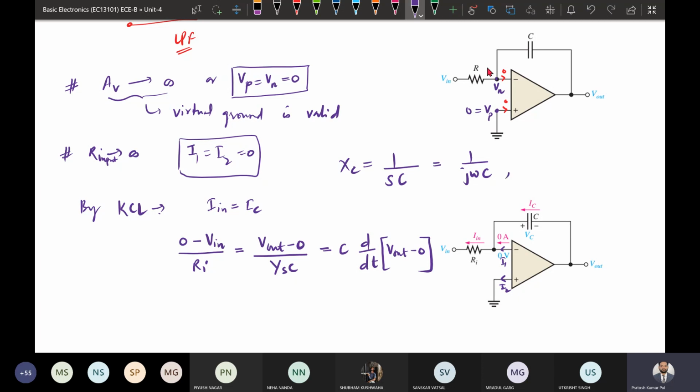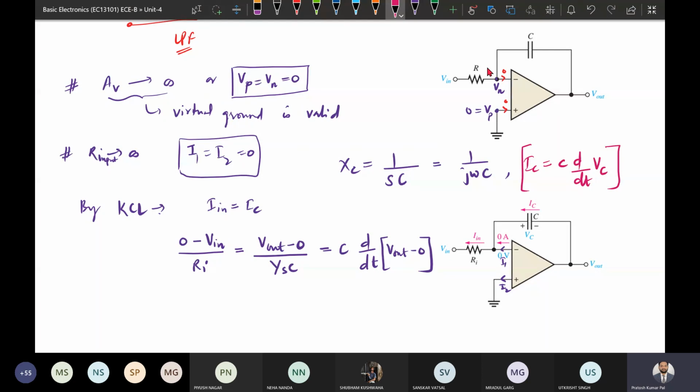So IC will be equal to C dVc by dt. This is the current given by the capacitor.